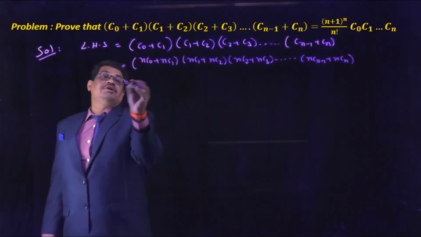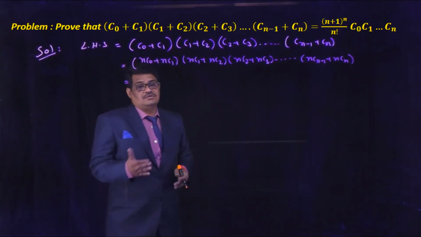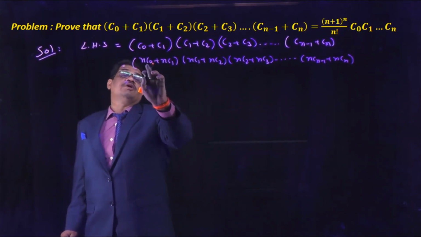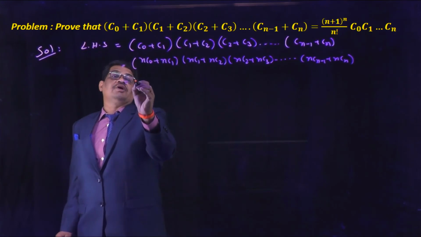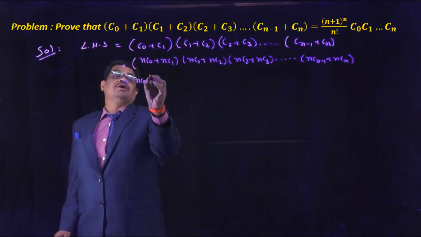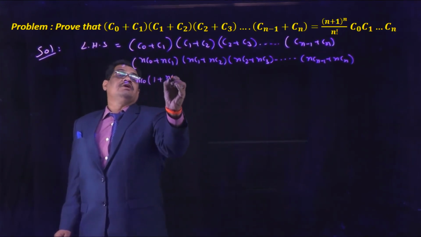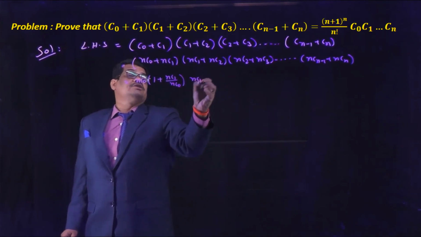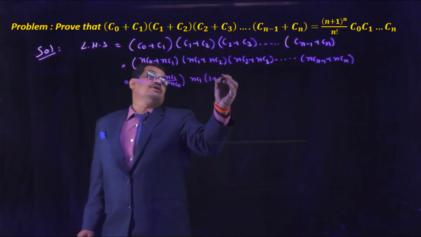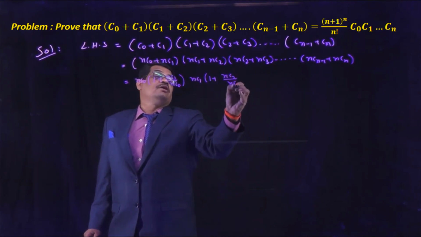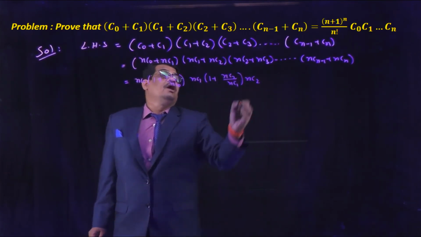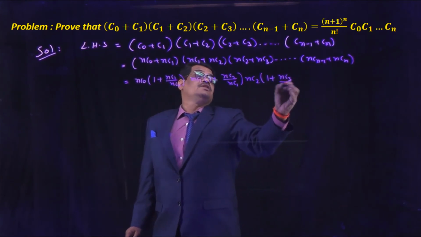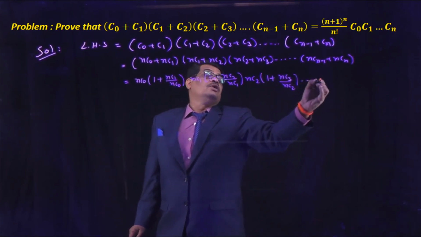Now in each term we take the first term common. Here common nC0, we are getting 1 + nC1/nC0. Here common nC1, we are getting 1 + nC2/nC1. Here common nC2, then we are getting 1 + nC3/nC2 and so on.